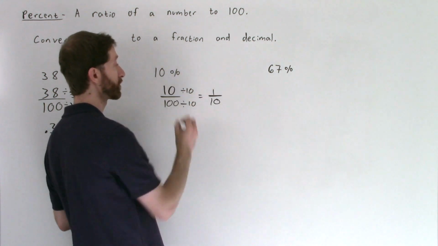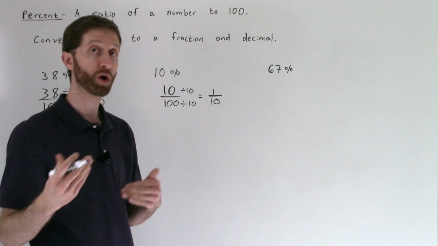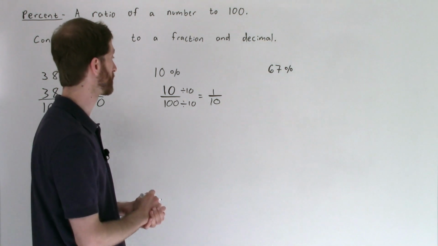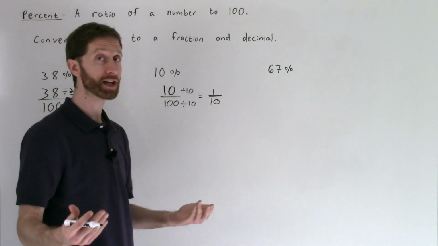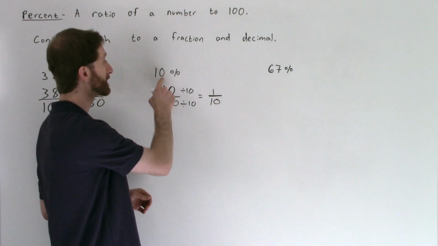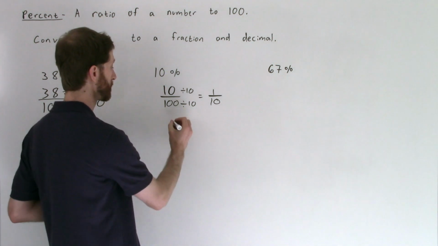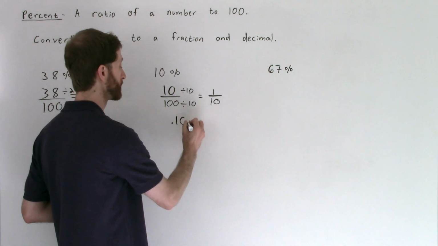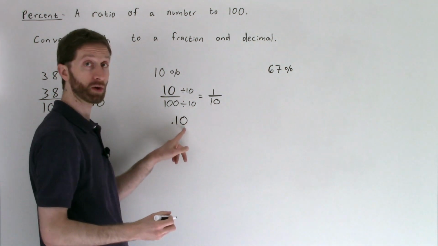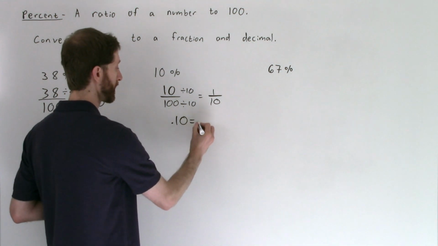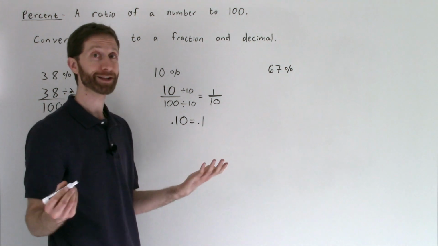So 1/10 is equivalent to 10%, or 10 for every 100. Now, how do we convert that into a decimal? Again, I know this is 10 out of 100, or 10 hundredths. As a decimal, 10 hundredths is 0.10, and because we have 0 in the hundredths place, we could also write that as 0.1. Not too bad, right?